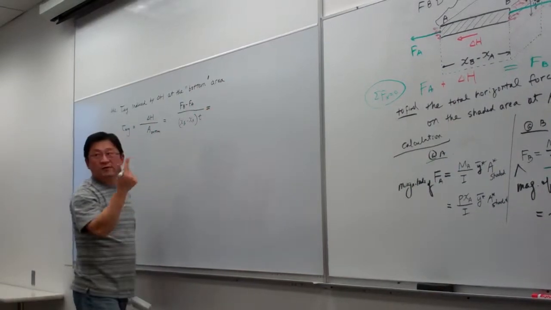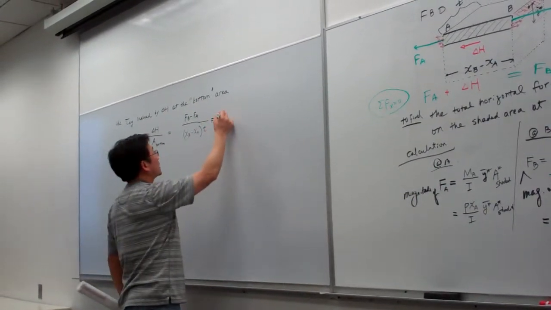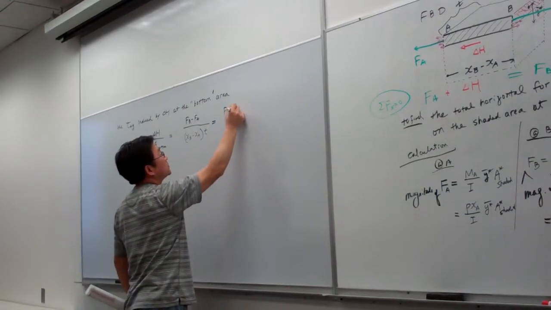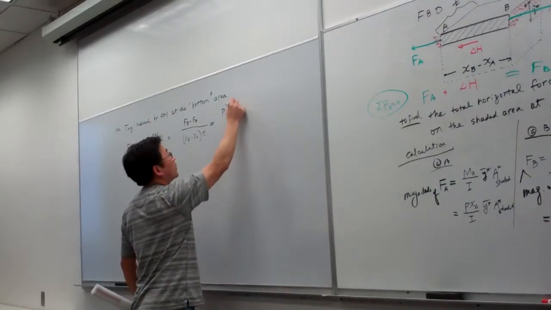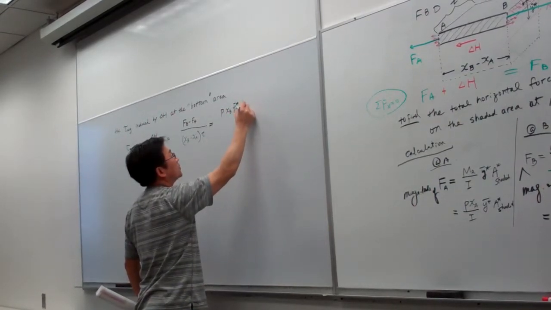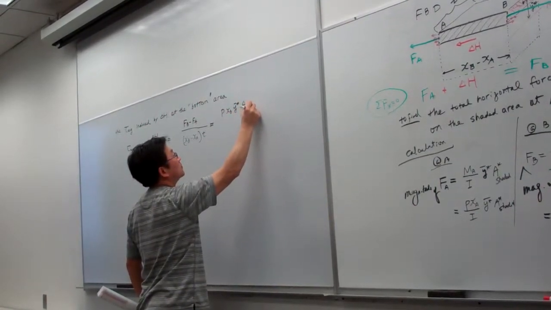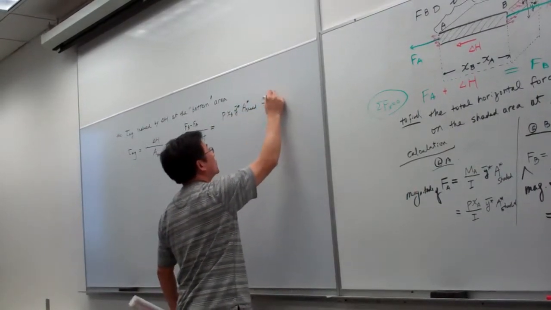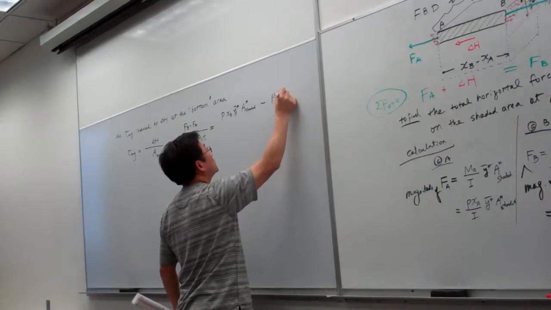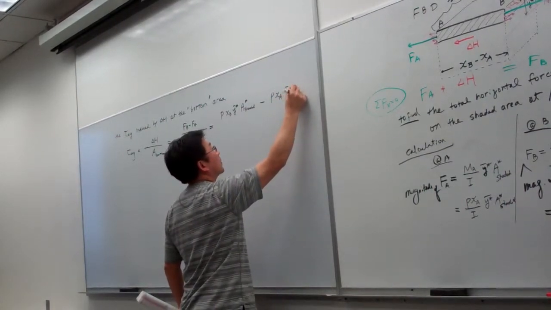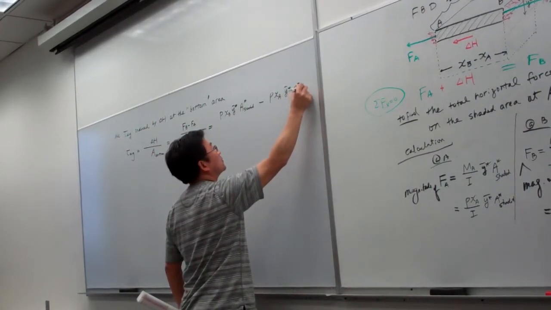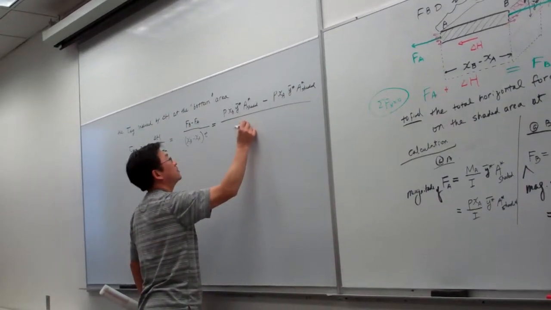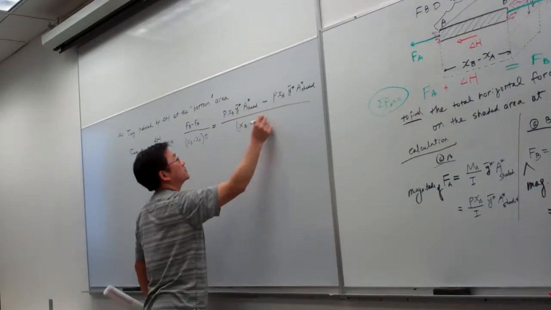We further do the calculation. We simply plug in FB equal to P over I times xb times y bar star times A star shaded, and FA equal to P over I times xa times y bar star A star shaded, and then divide by xb minus xa times t.